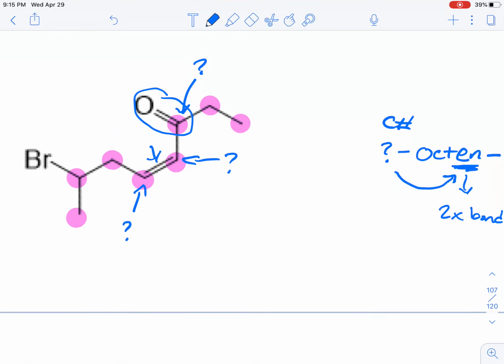So if you recall, you guys want to number your system to give your ketones the lowest possible carbon number. And the only way that's possible is if you go from right to left. So 1, 2, 3, and then I'm going to erase some of this stuff here. 4, 5, 6, 7, 8.